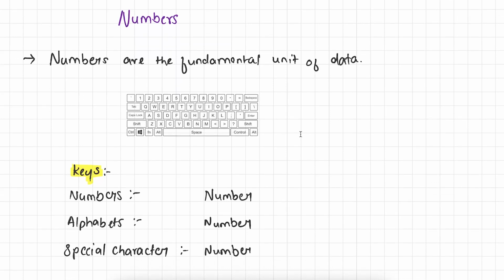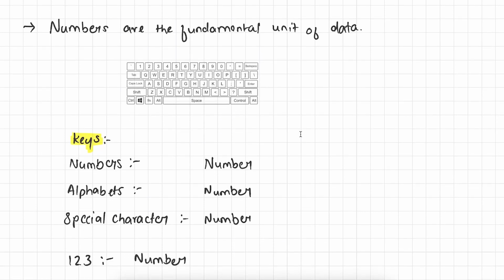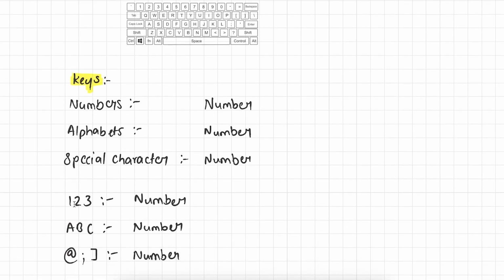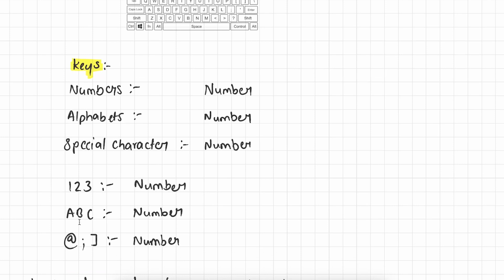Let's look at your keyboard. You find keys like numbers, alphabets, special characters. But internally, all these keys are associated with numbers only. For example, the numeric keys 1, 2, 3 are associated with numbers. If you have ABC, then each character is associated with a number.